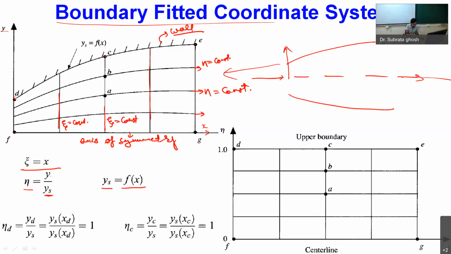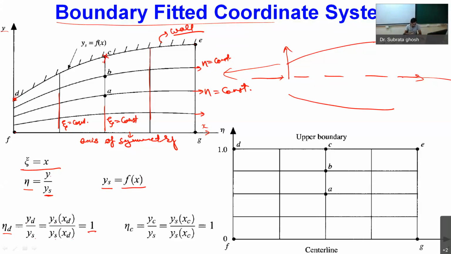Now if I want to calculate the value of eta at point D, it will be yd divided by ys corresponding to point D. yd is the value of y at this point, and as I am writing y as a function of x, it will be ys of xd divided by ys of xd. So corresponding to this point, I have the value of eta as 1.